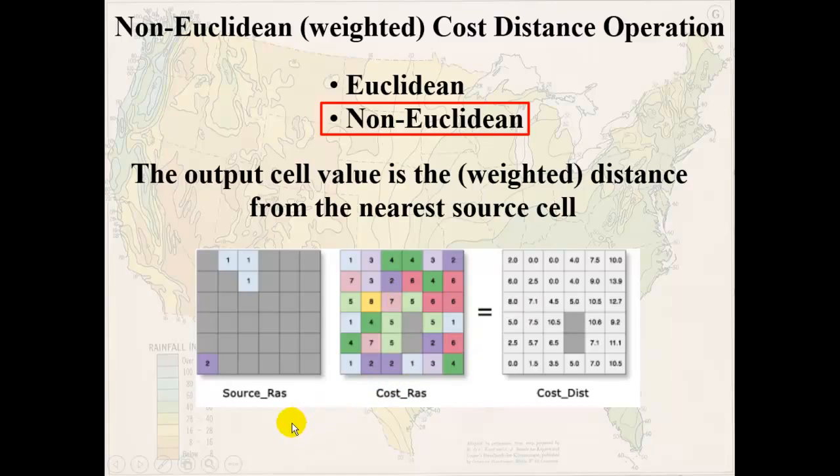And you can imagine this kind of being like a small equivalent to network modeling in the raster world, where let's say you had sources.